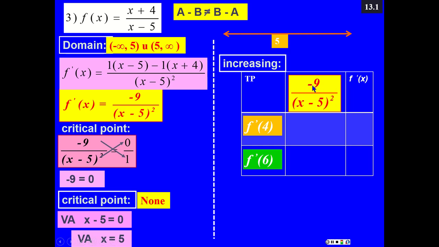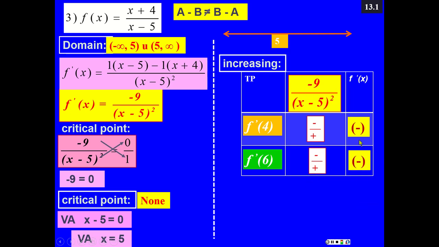The numerator is negative because there is no x. The denominator, because I have exponent 2, becomes positive. That means f prime of 4 is negative over positive, which is negative. F prime of 6, again, is negative over positive, which is negative.